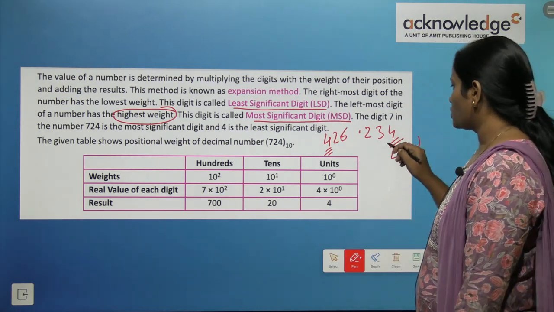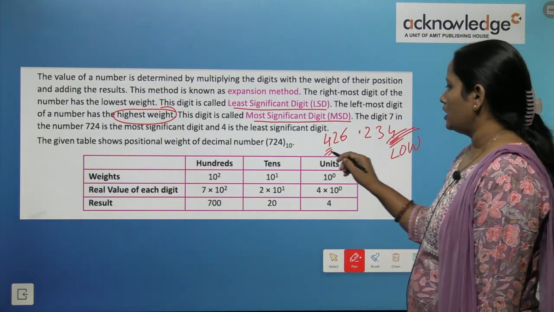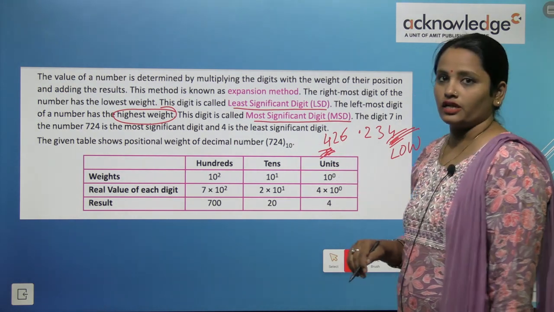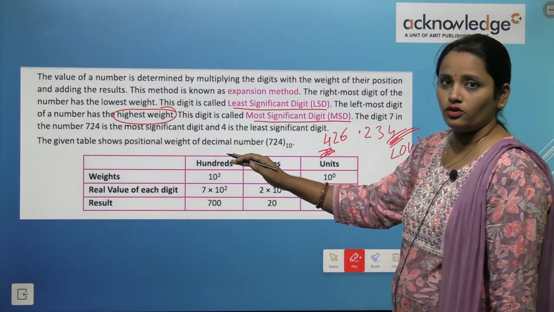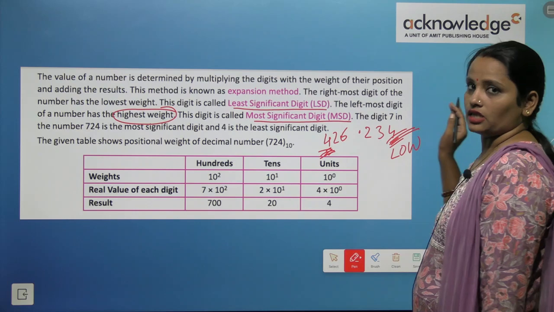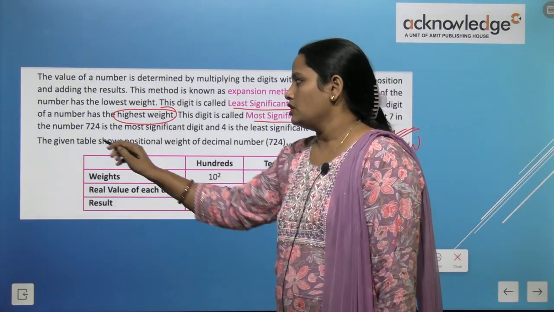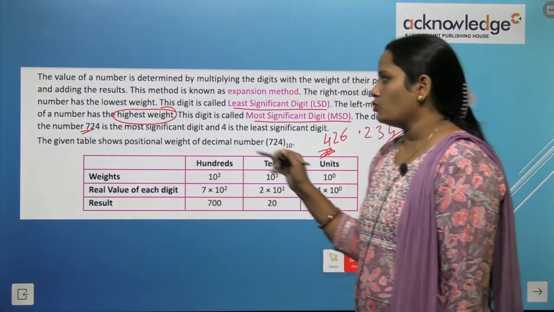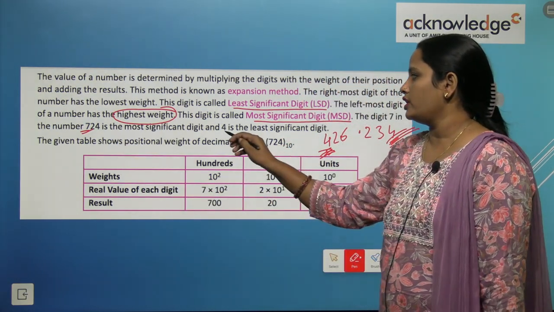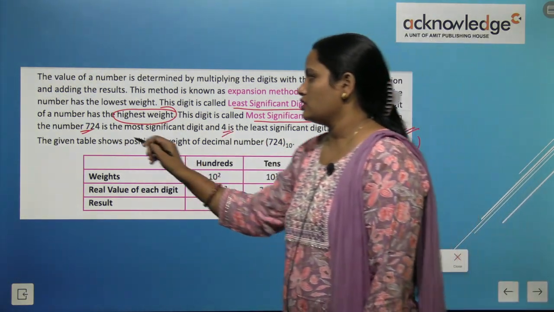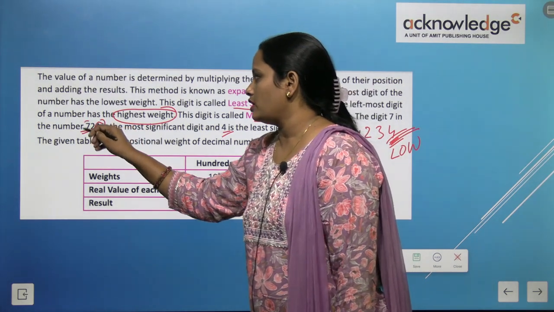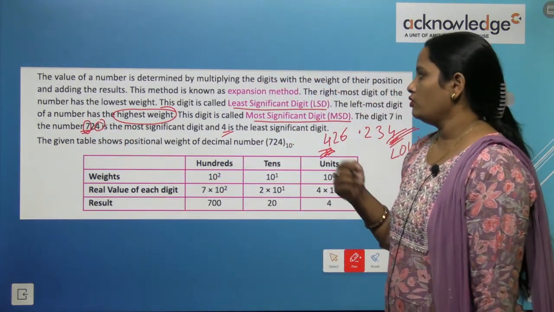So this is called the least significant digit and this is called the most significant digit. It has the highest value and this 4 has the lowest value. The digit 7 in the number, here we can see, is the most significant digit and 4 is the least significant digit. So this has a lesser value and this 7 has more value.